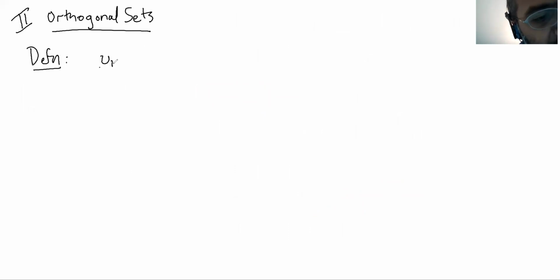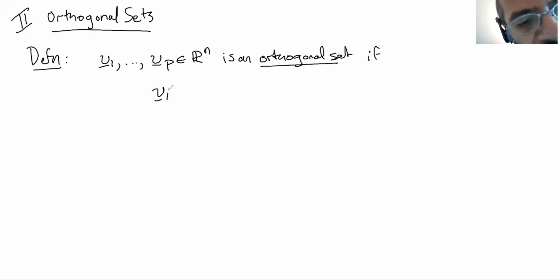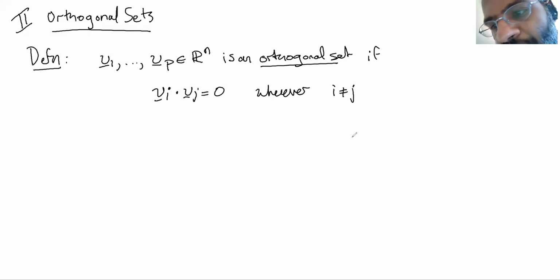A set of vectors u1 through u sub p in R^n is an orthogonal set if all pairs of distinct vectors are orthogonal: ui dot uj equals 0 whenever i is not equal to j. So all it means is all pairs are orthogonal.